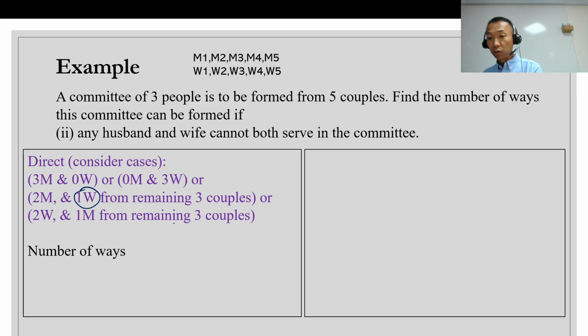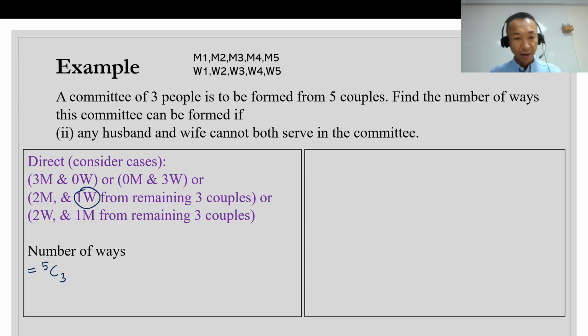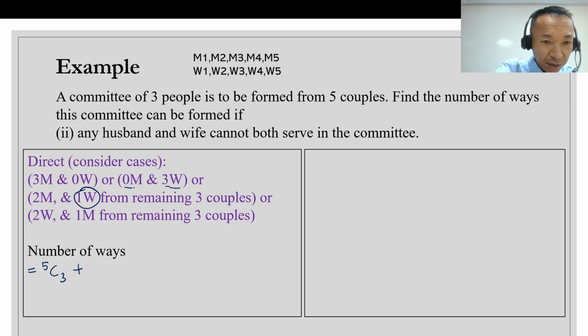So how do we do it? Let's list the cases out. If it's 3 men, it's simply 5 choose 3. Right, done. If it is 3 women, sorry, I beg your pardon, and 0 men, it is another 5 choose 3.